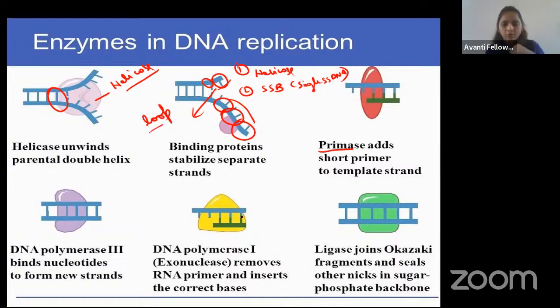Replication fork, not loop. Sorry, one minute, guys. Yes, this is what we call a replication fork.